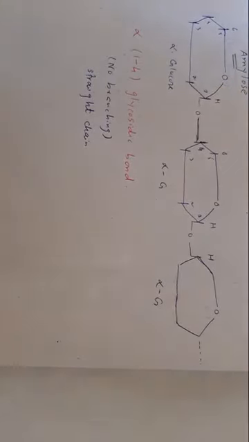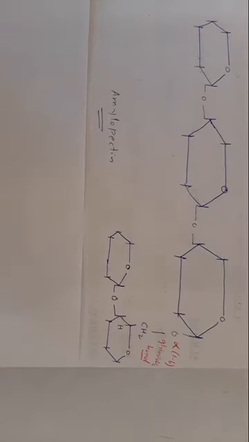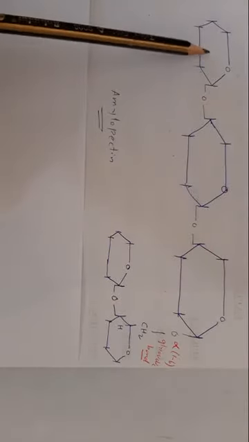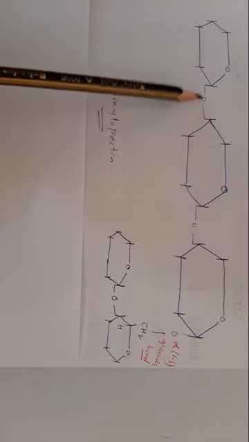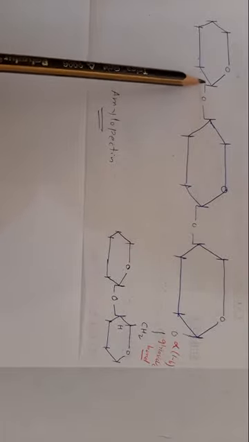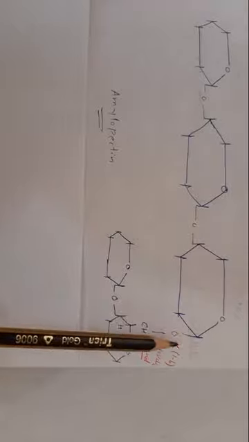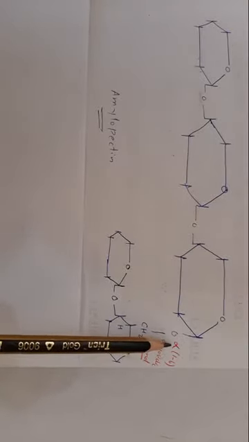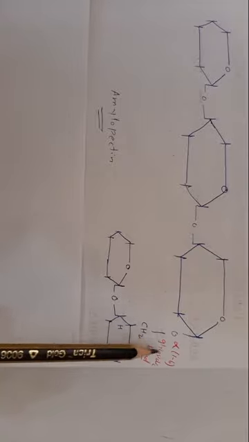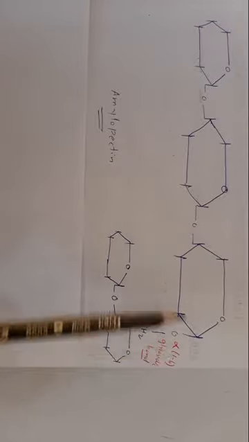While the branched starch is called amylopectin. These are also alpha glucose units joined together by glycosidic bonds. Look here, here is a branch. It is not a straight chain.